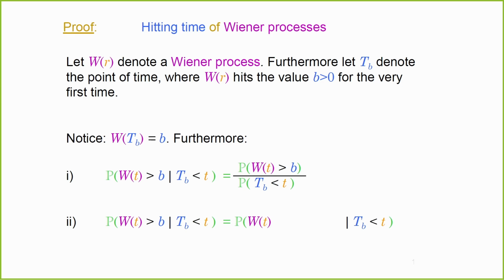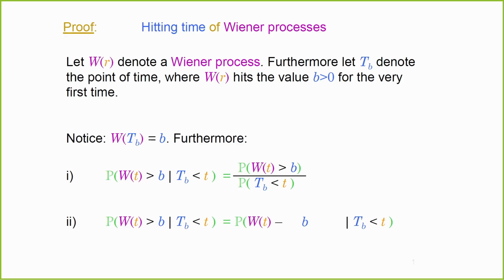I'm going to subtract b on both sides of the inequality, on the left as well as on the right-hand side. If I do this on the left-hand side, I'm going to get the process at time, let's do it first on a time point. So take a look at this inequality, and I'm going to subtract b on both sides. Why? This comes next.